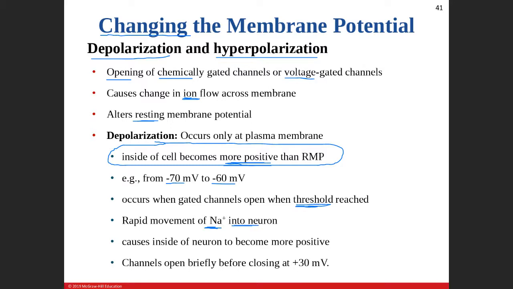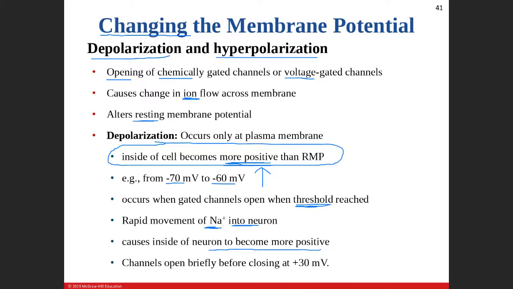Because sodium is positive or negative? Positive, right? So if sodium is positive and it enters into the cell, is it making the inside of the cell more positive? Yes, it is.